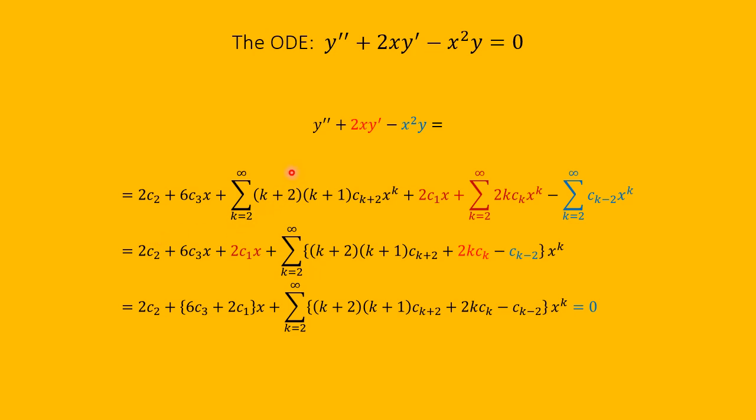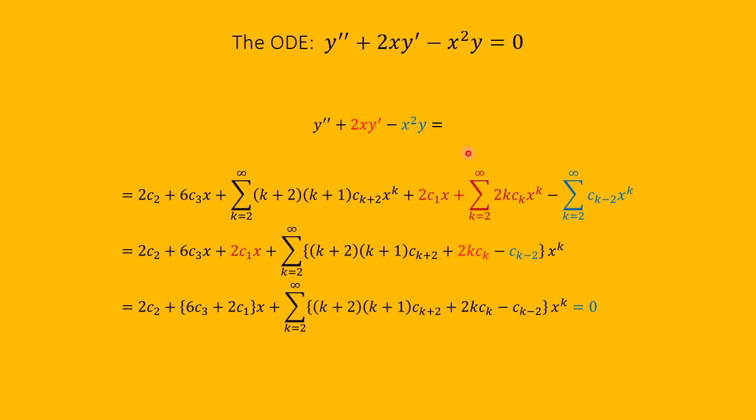When k equals 1, this will be 3 times 2 times c sub 3 times x to the first power. That is 6c sub 3 times x. So these two terms are the k equals 0 and k equals 1 terms from this series. The rest of the terms we'll just write down right here: the sum k equals 2 to infinity of that sort of stuff.